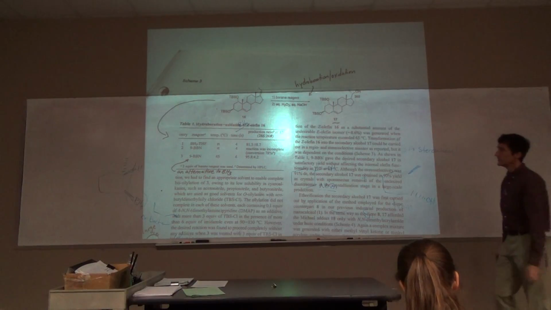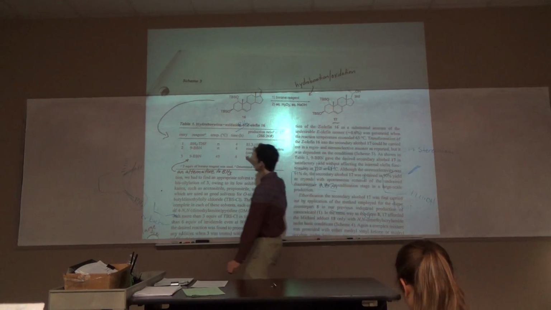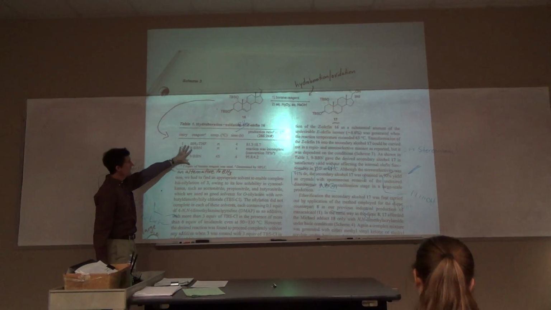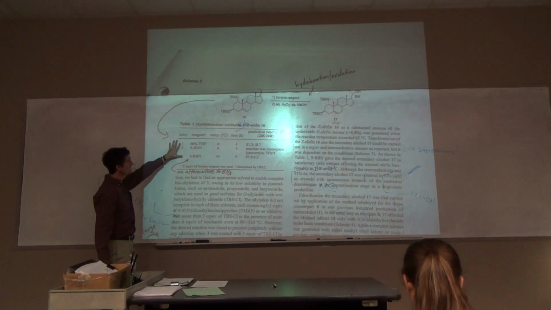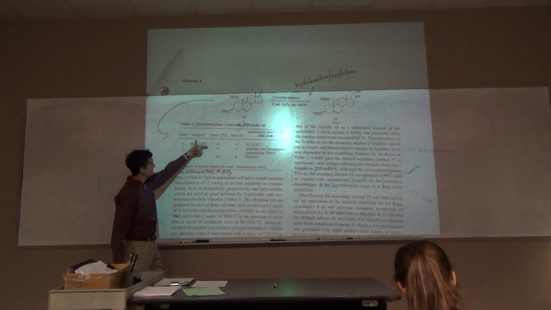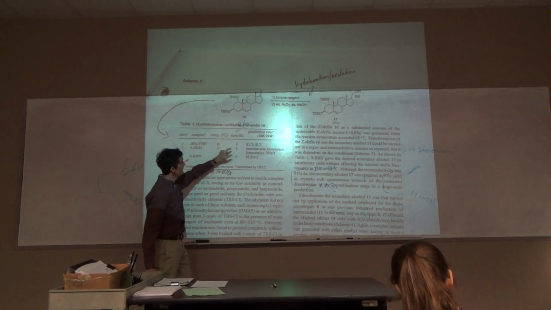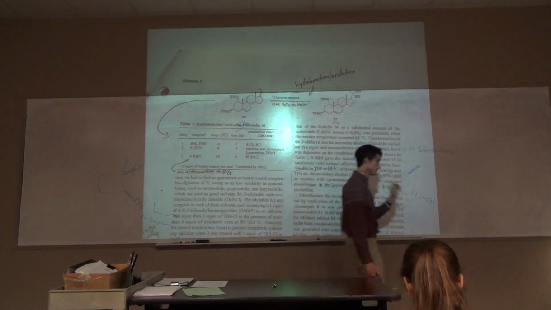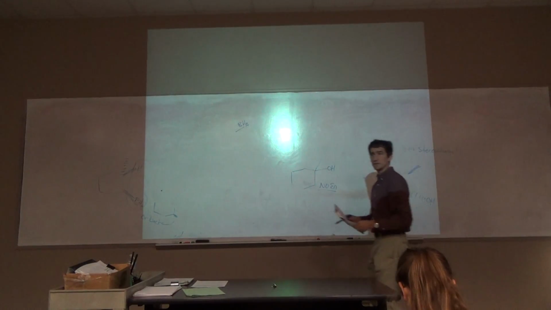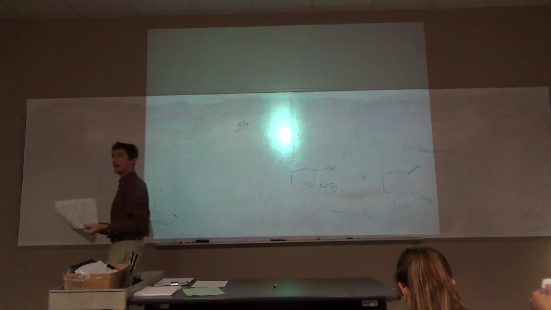There's other stuff in here. Here they're doing some reaction optimization using BH3 or 9-BBN, different temperatures. Most of this stuff, I know some of you stop by and talk about it.